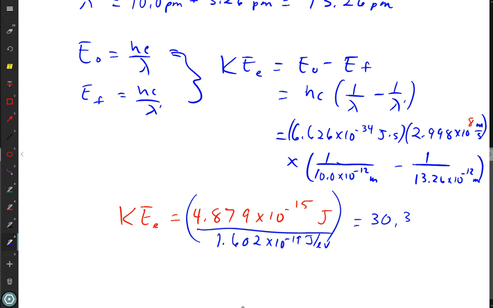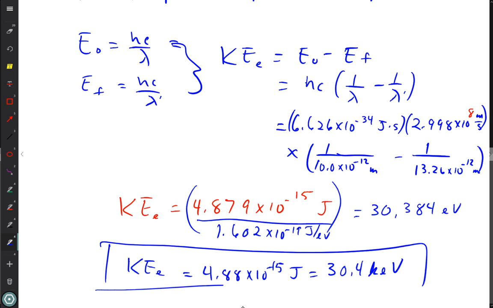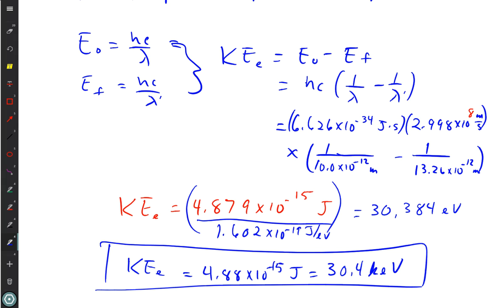Now, I wrote ridiculous significant digits here. The correct answer would be 4.88 times 10 to the minus 15 joules equals 30.4 kiloelectron volts. We took all those digits, but in the end, we should report it with only the ones that are meaningful, not extra digits that don't mean anything.